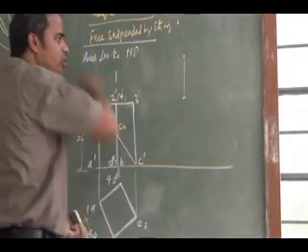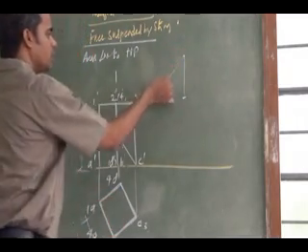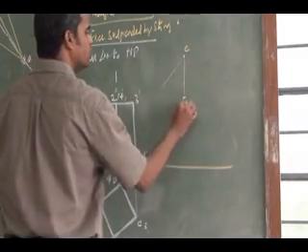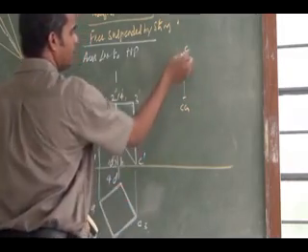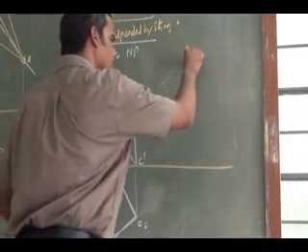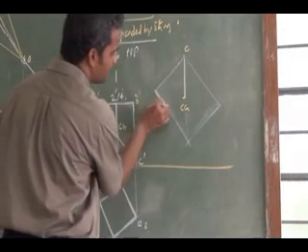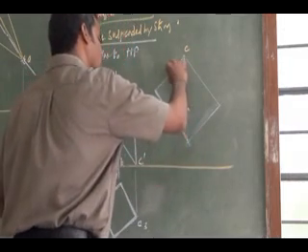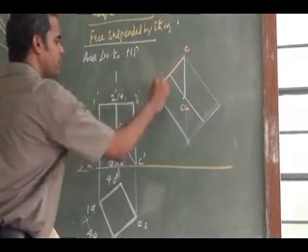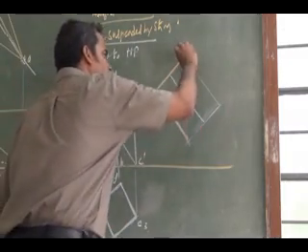Right. Then I have to reproduce the view. This is my C, this CG. I can close my rectangle. This is how you will have your final front view.